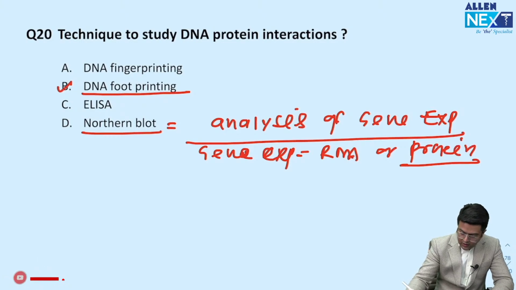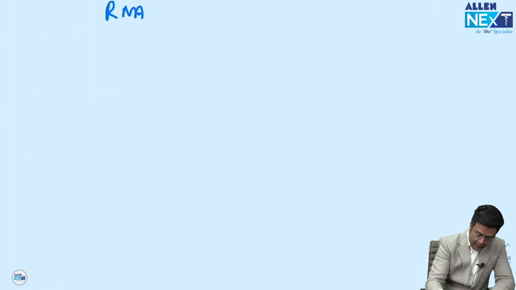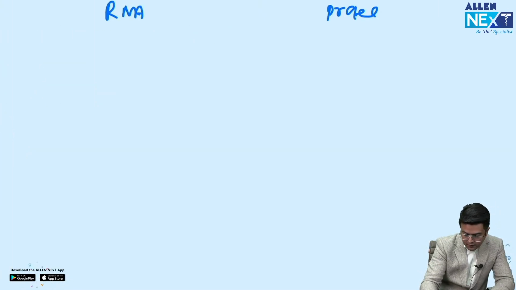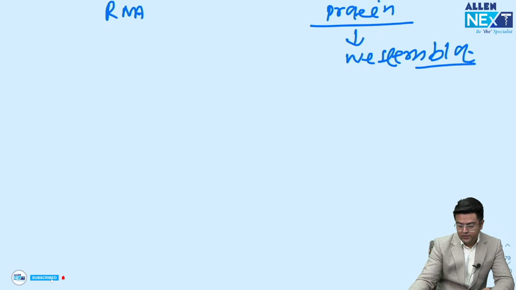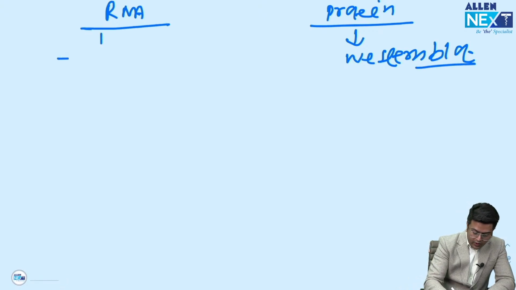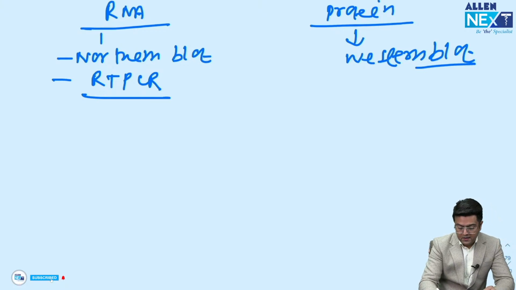So for the protein and RNA, we have different techniques. If you want to identify the protein, we have Western blot. If you want to identify RNA, we have northern blot. Then we have RT-PCR, reverse transcription PCR.